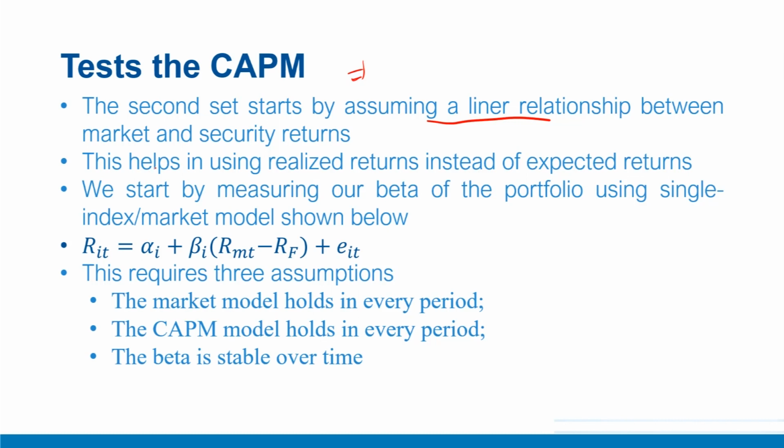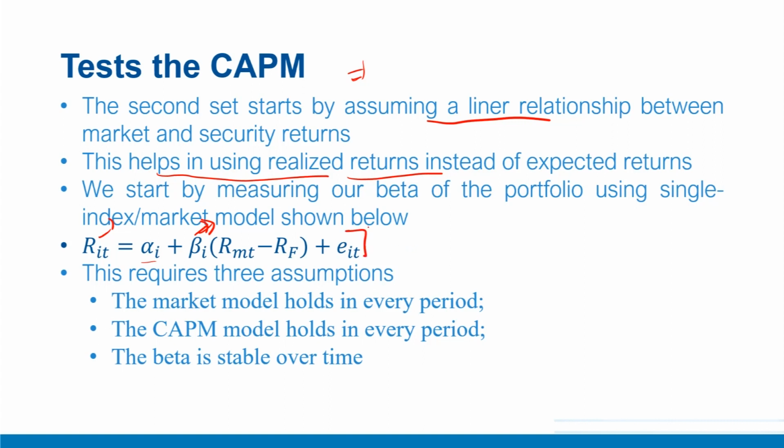So basically this assumption helps us in using some form of model where we are using realized return instead of expected returns. We assume only one risk inference, which is market, so we describe our security returns based on the beta of our stock to the market portfolio through a market model or single index model.